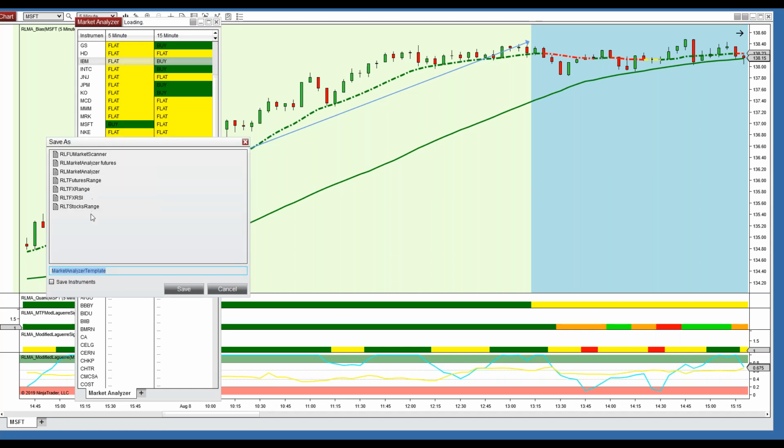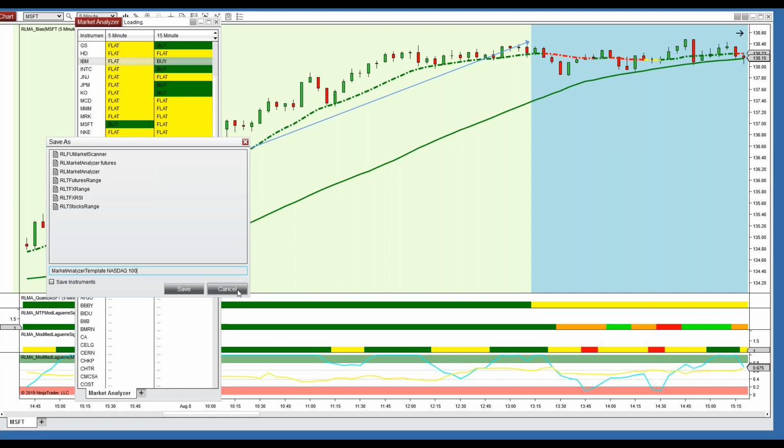And you can then create your market analyzer template and name it whatever you want. Maybe you want to call this one NASDAQ 100. Whatever you want. You save it, and then you never have to load it again. All you have to do is go to load templates, and it will load it for you.